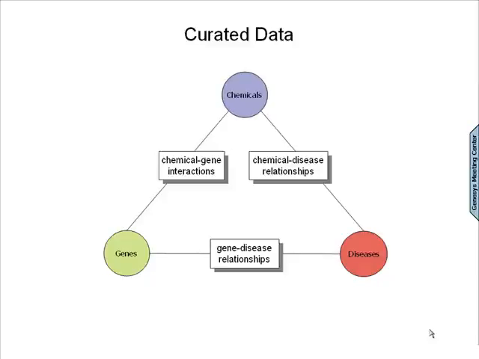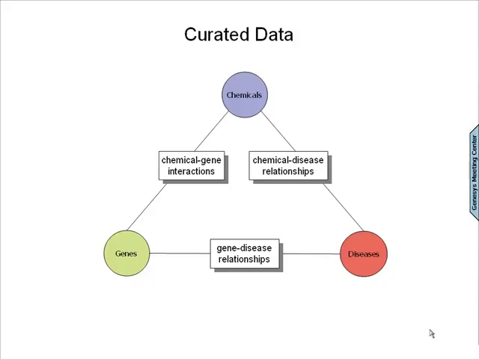So what we do is we have a number of PhD level scientists who go into the literature, and they manually curate specific aspects of the data that we thought would be appropriate for answering some of those questions that I posed on the previous slide. Obviously this is a very simplistic view of the database. I'm just showing you the major data points, so chemicals, genes, and diseases.